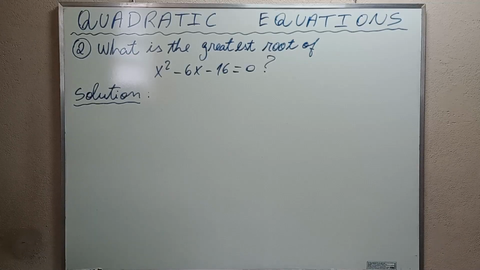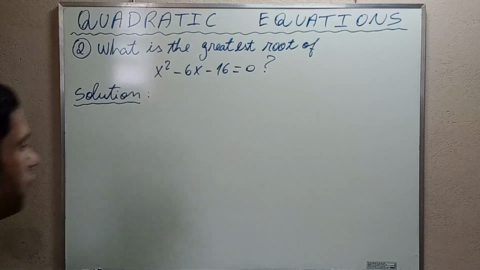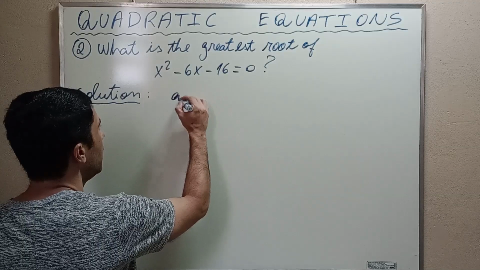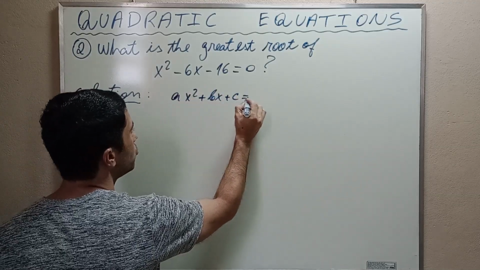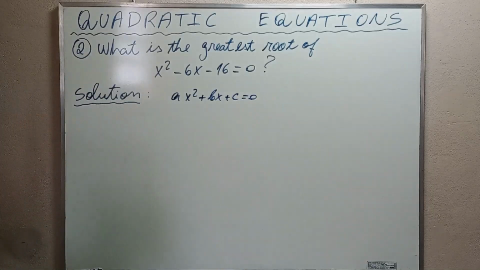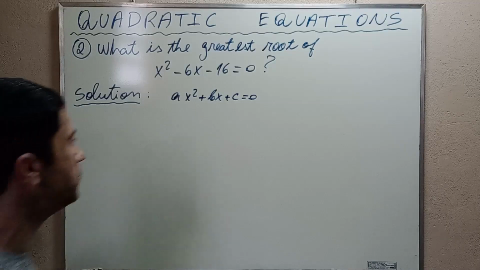Let's go to the solution. And to find the roots of this equation, we may use the quadratic formula. Observe that for the equation ax squared plus b times x plus c equal to 0, we may use the quadratic formula to find the roots, okay?